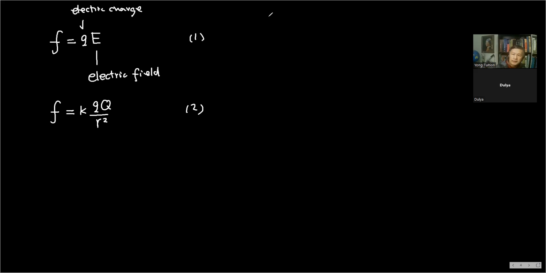Let's draw the diagram. This is Q, another charge is lowercase q. Coulomb's law allows you to work out the force between these two point charges, if the distance is r.